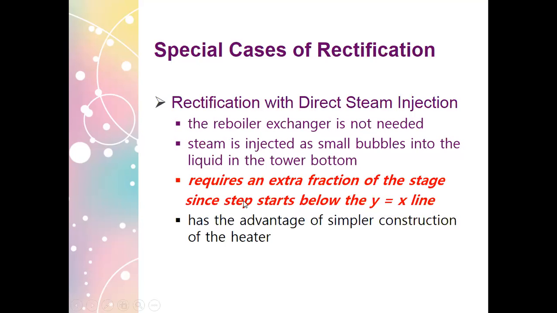So it will require an extra fraction of stage. Now this one is advantageous over the others which need the auxiliary reboiler equipment because it has the heater already incorporated in the design of the column itself. So there's no auxiliary equipment outside of the distilling column.